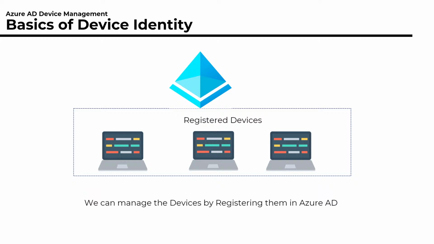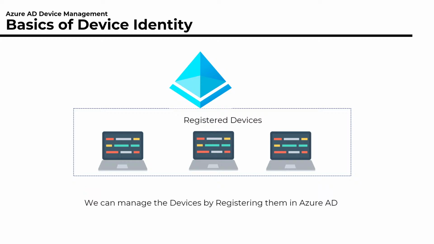So let's assume I have a server that I am running. I don't want the public users to log in to that particular server. I need only my users, my organization's employees, to log in to that server.